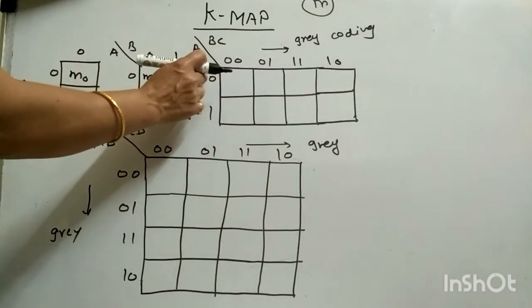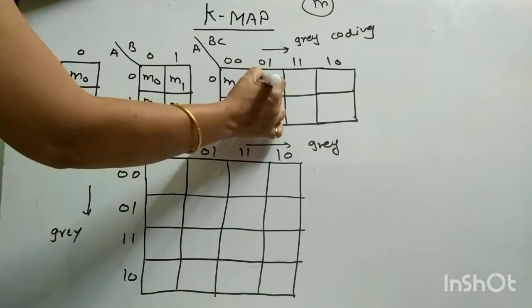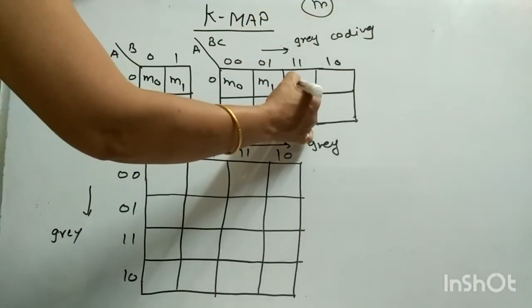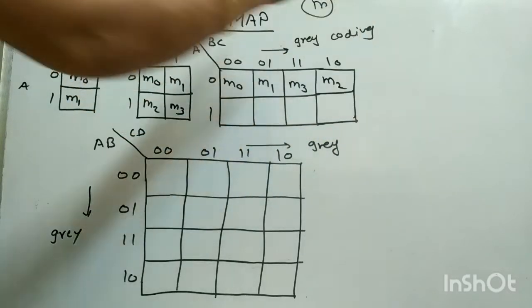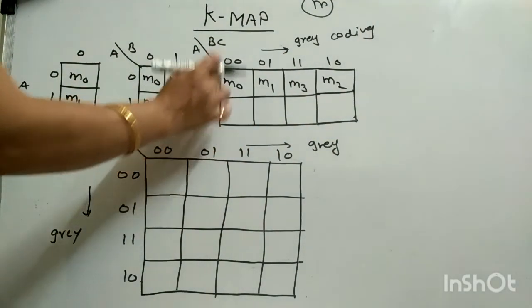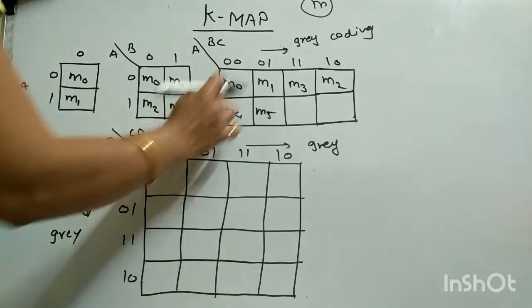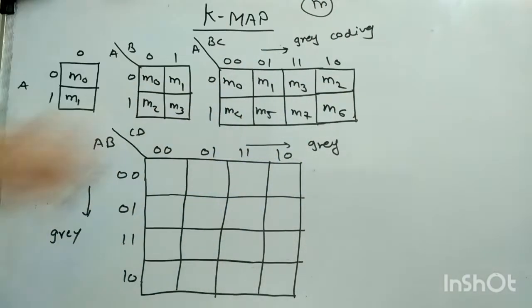Similarly, for three variables, 0 0 0 corresponds to M0, 0 0 1 corresponds to M1, 0 1 1 corresponds to M3 and 0 1 0 corresponds to M2. Again 1 0 0 corresponds to M4, 1 0 1 is M5 and 1 1 0 corresponds to M6.